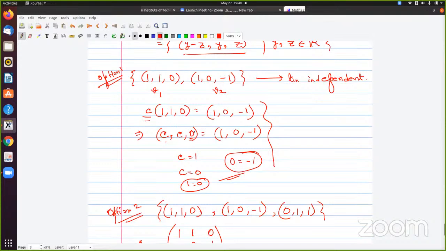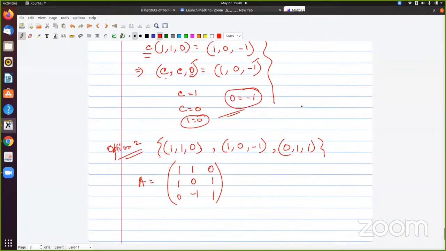If you equate the third coordinate, you get 0 equal to minus 1, and from the first two you get 1 equal to 0. These are absurd, so there cannot exist such a C. So the second one is not a multiple of the first one for any real number C. So this set is not linearly dependent; it must be linearly independent. Clear?